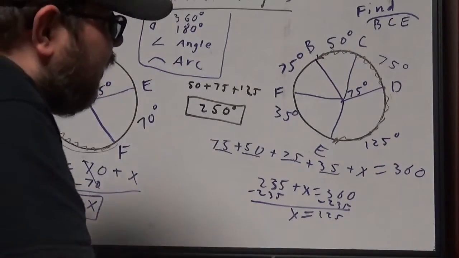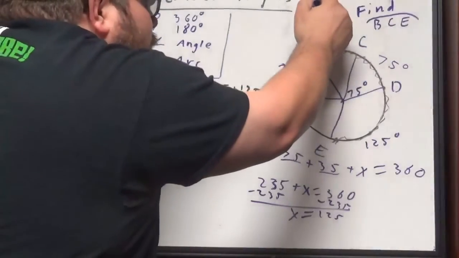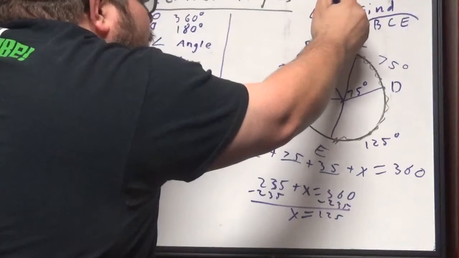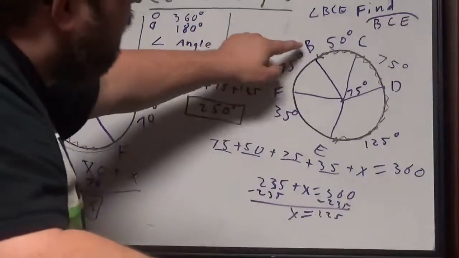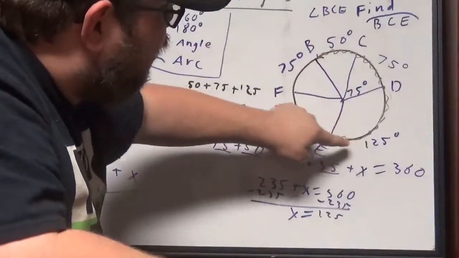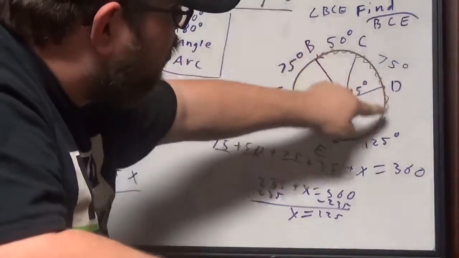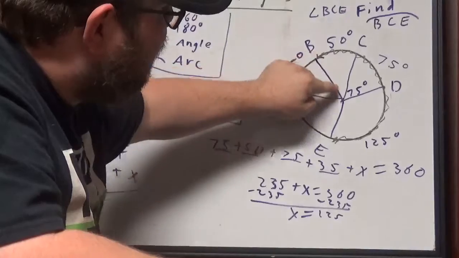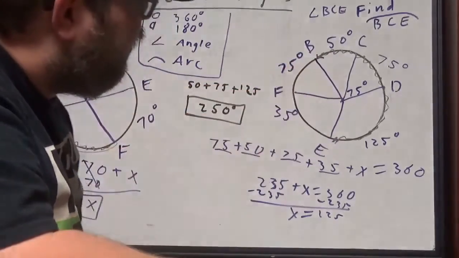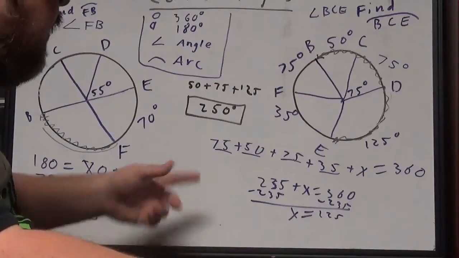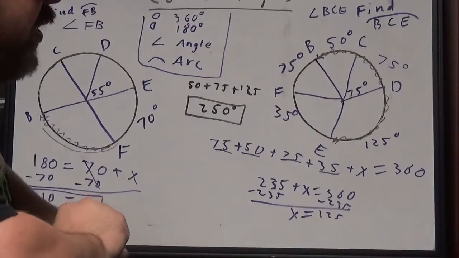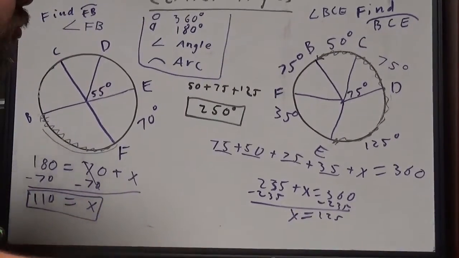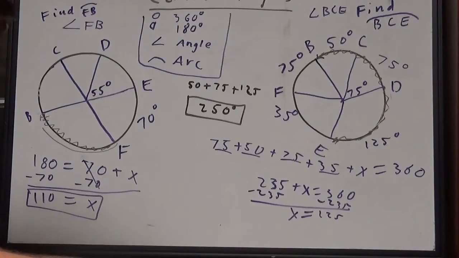And same idea. If we were finding angle BCE, or you could call it BDE, it wouldn't really matter. If we're finding the measurement of this angle where B and E intersect, it would also be the same thing, 250. Because the central angle is always equal to the corresponding arc.